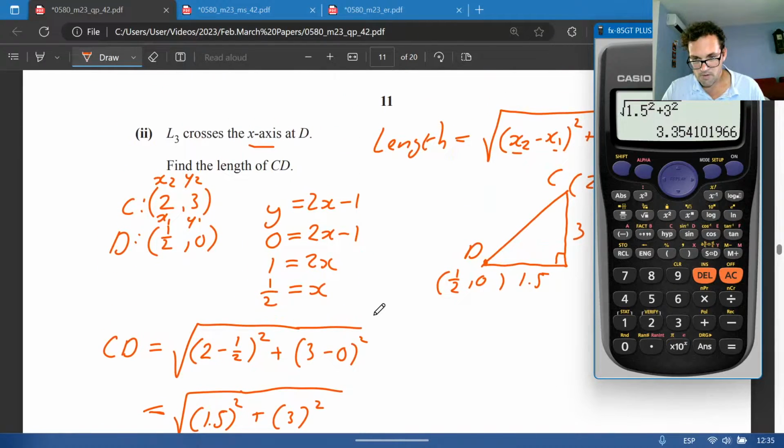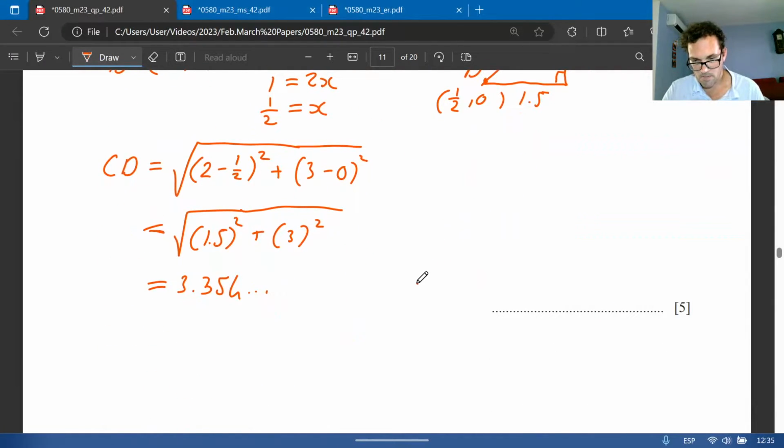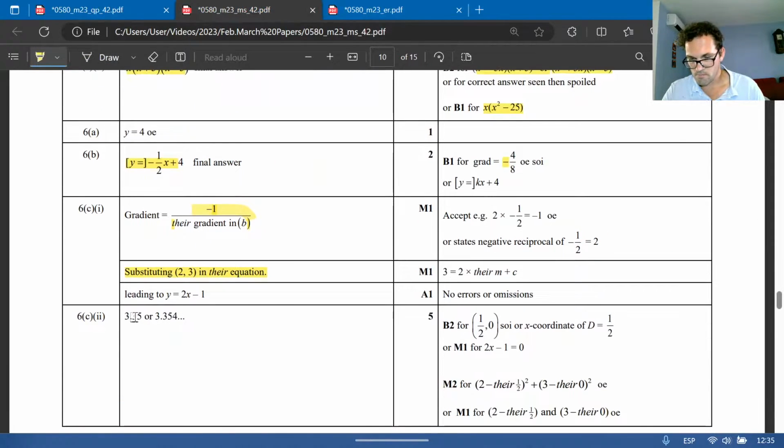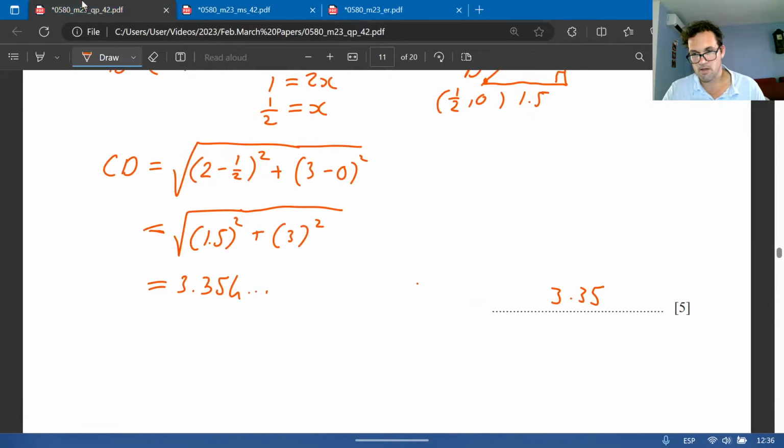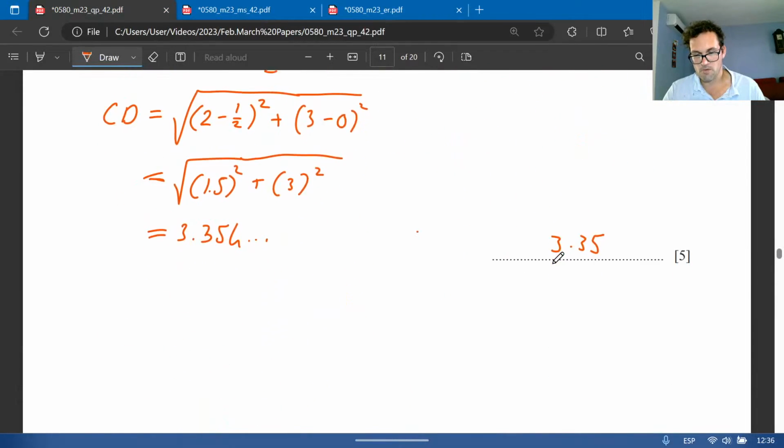Rounded to 3 significant figures, 3.35. There we go. Rounded or unrounded, same thing. Okay, there you see. It says there half. This means if you got previous questions wrong, finding that half there, you've done it. Well done.